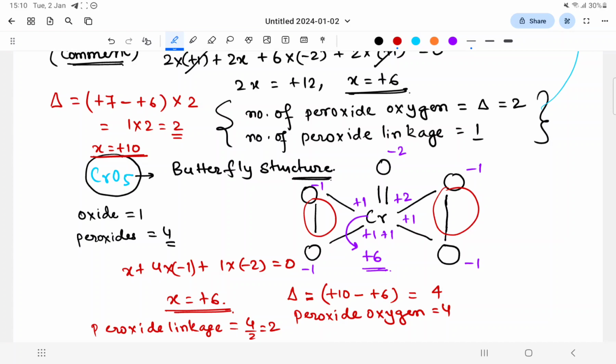So guys, like this you can practice more structures where the concept of oxide comes, where there is a value which has overshot the maximum value, and you can try it. It's a trustworthy topic where I have given you both angles of viewing the structure, the chemical bonding angle as well as the oxidation number angle.